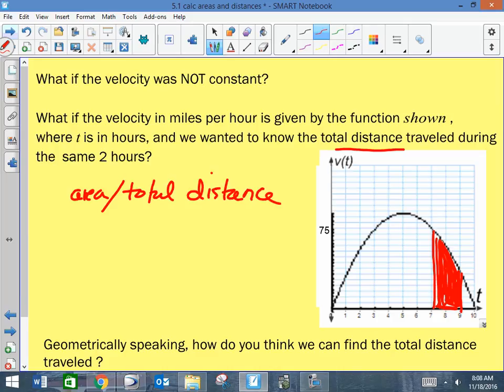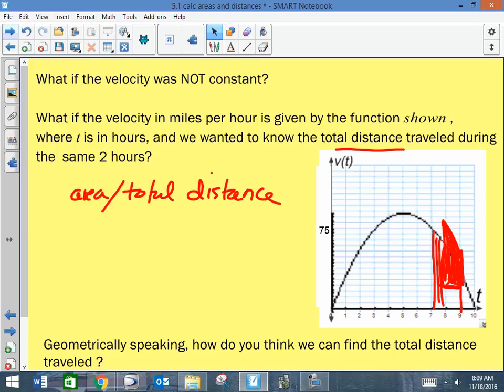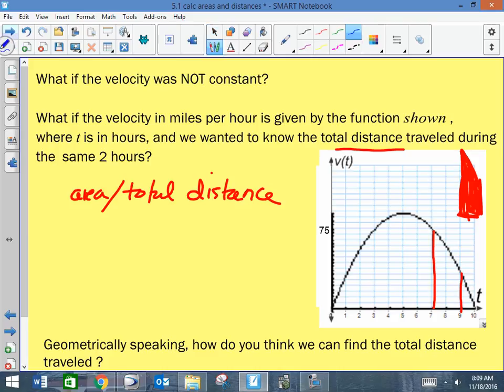Any suggestions about how we find the area of that? What could we do? You could take it all the way up and split it into a rectangle, and then whatever's up there.